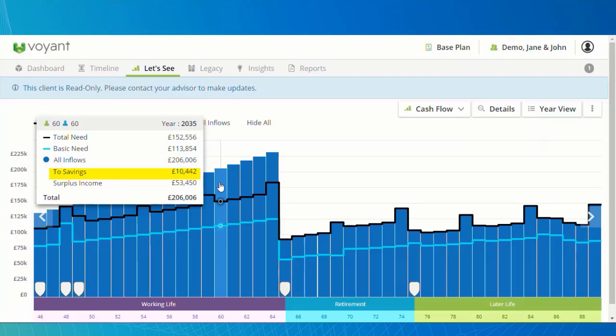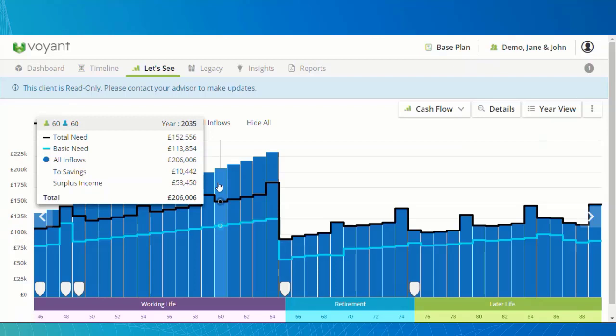Now, this surplus income is in addition to those savings, and as a default, the software assumes that the surplus income is spent, and therefore it will disappear out of the plan. You do have the option to change this in your calculation settings to transfer all excess income to savings, or you could set up contributions to savings, investments, or pension accounts.